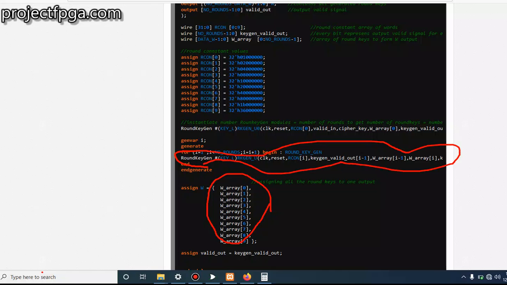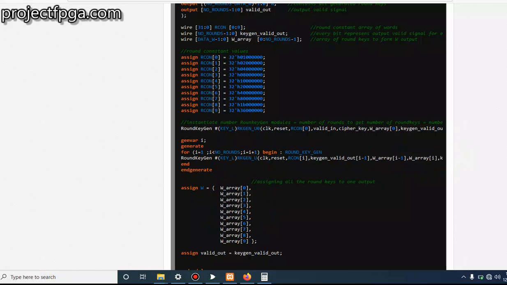This is the first one, the rest were generated 9 times. These are the round key constants, which were fed in for each round to generate different outputs. Please go through this code and my tutorial. Hopefully you understand everything.